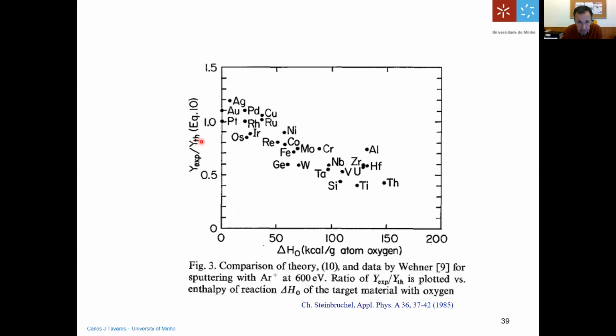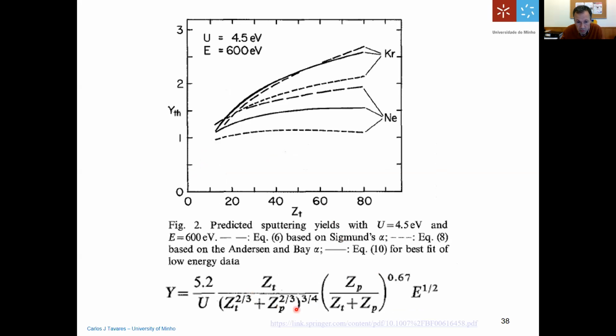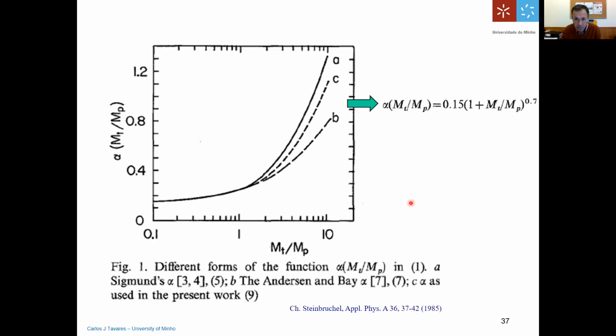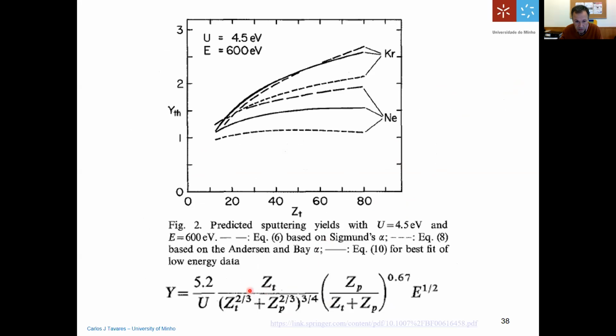The theoretical sputtering yield was calculated by this equation, which is a transformation of the equation you see here, with some corrections, which gives you this equation. And this equation basically has the same parameters: the atomic numbers of the target and the projectiles, the binding energy of the elements in the target, and the energy of the ions which impact the target.